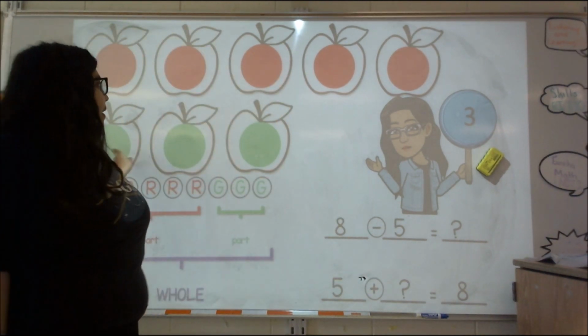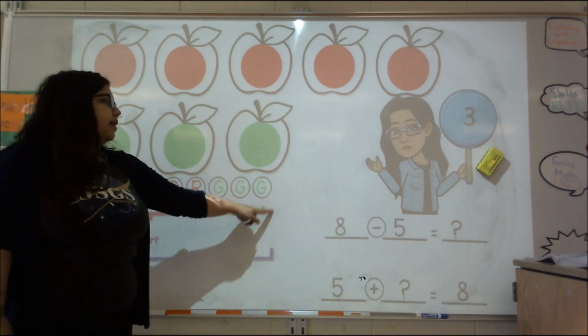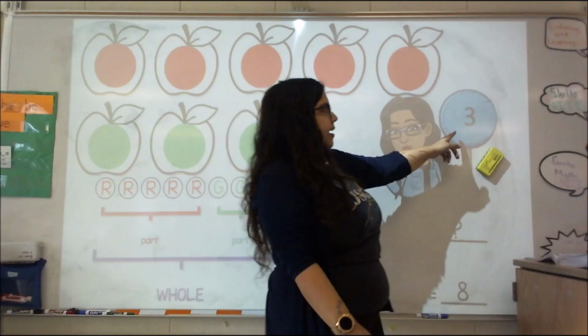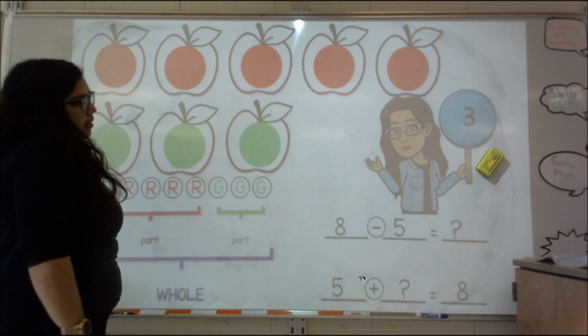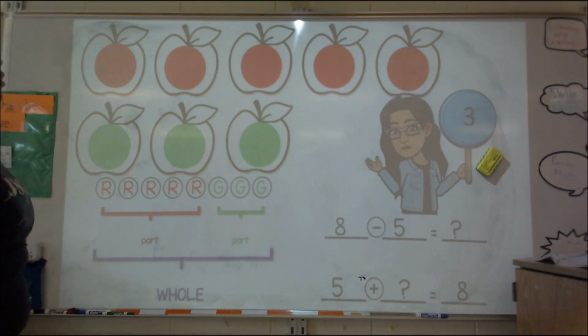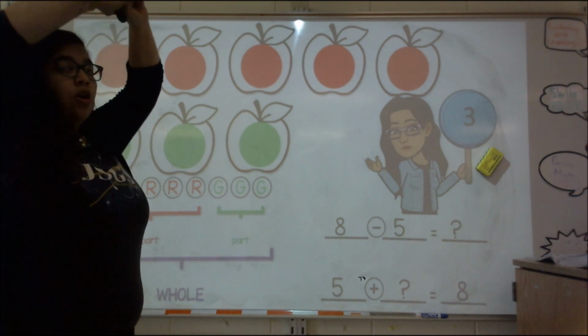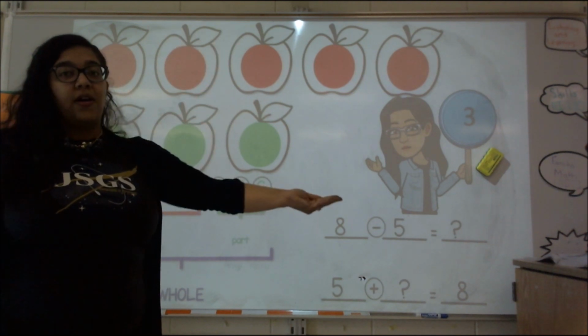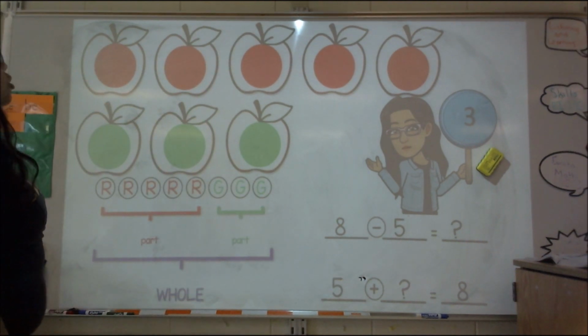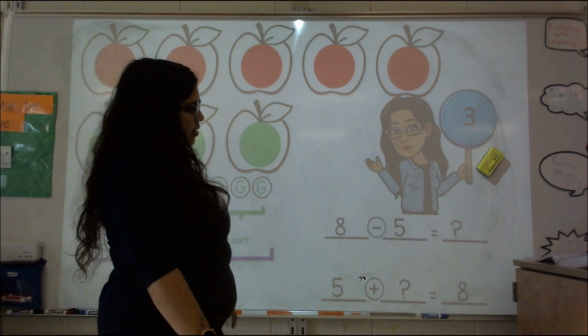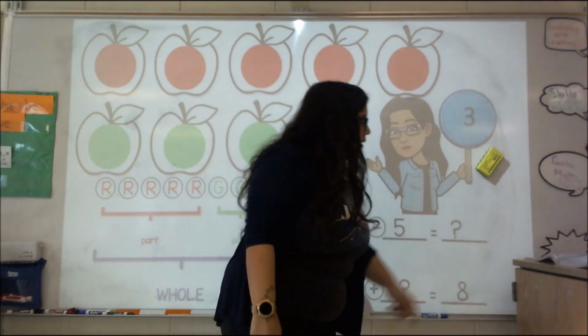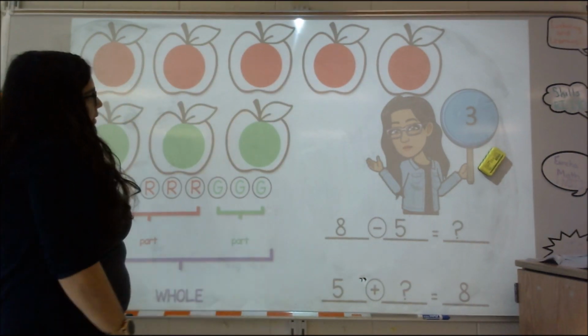We see it in a picture, in a diagram, as a numeral. We can fill in the missing parts. And that's the kind we're doing today, where we start with a known whole, we take away a known part, and we find an unknown part. So that means our missing part in our subtraction is already on the other side at the end.